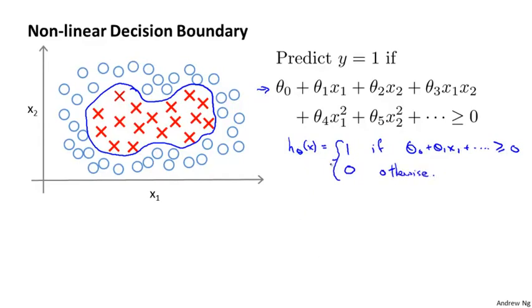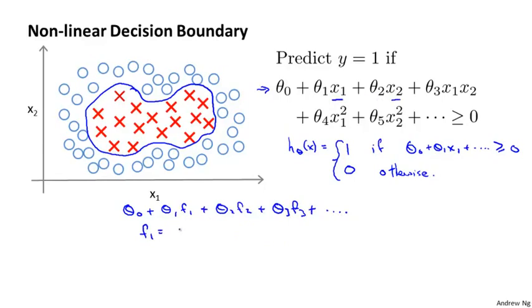And another way of writing this, to introduce a little bit of new notation that I'll use later, is that we can think of a hypothesis as computing a decision boundary using theta 0 plus theta 1 f1 plus theta 2 f2 plus theta 3 f3 plus and so on, where I'm going to use this new notation f1, f2, f3 and so on to denote these new sort of features that I'm computing.